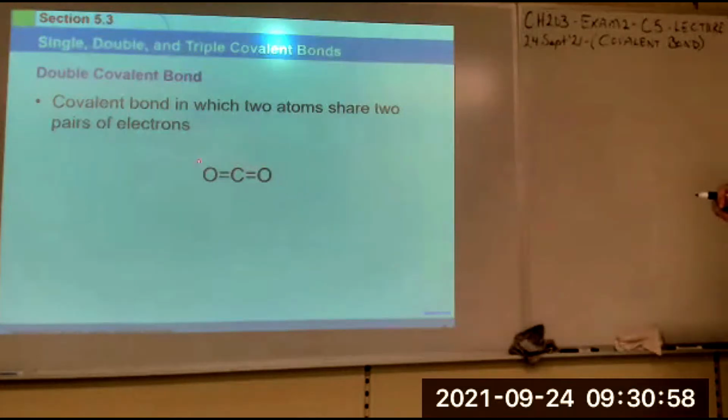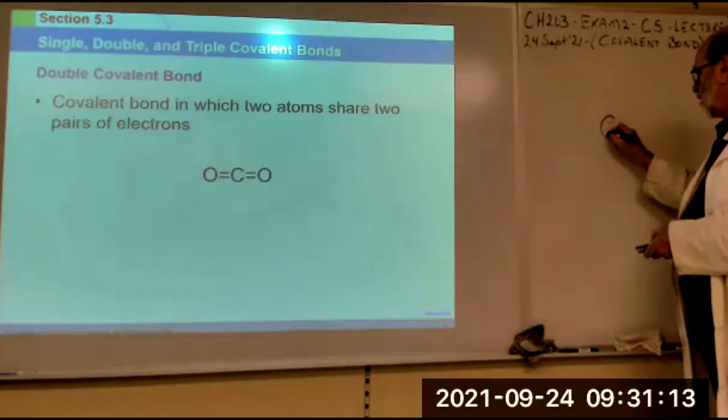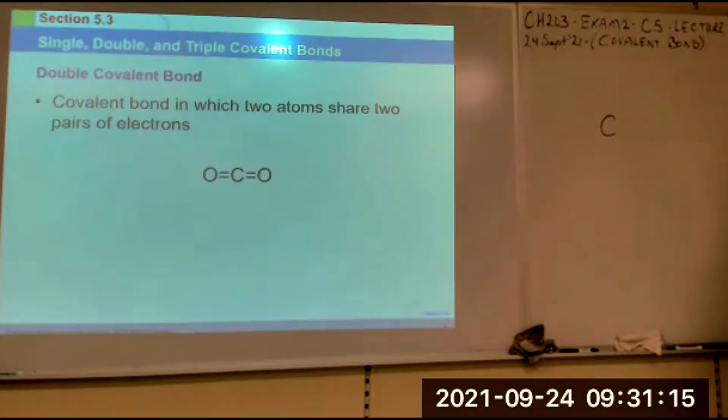This molecule, what would that be? Carbon dioxide. So you have a double bond on this side and a double bond on that side. Look at it this way. How many valence electrons does carbon have? 1, 2, 3, 4.